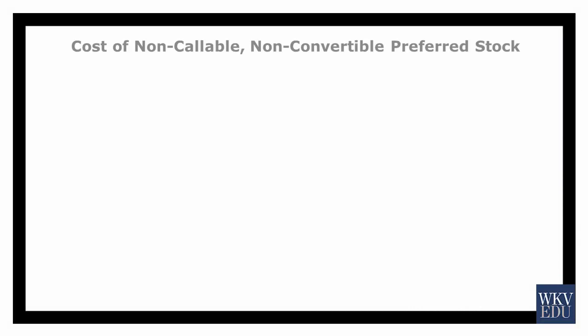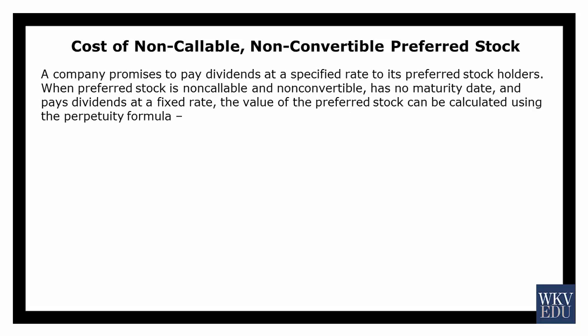We now move on to preferred shares. A company promises to pay dividends on preferred shares at a specified rate, and these rates are known as the preference rates. When preference shares are non-callable and non-convertible and have no maturity date, they pay dividends at a fixed rate, and the value of the preferred stock can be calculated as A by I, where A is the dividend and I is the interest rate.